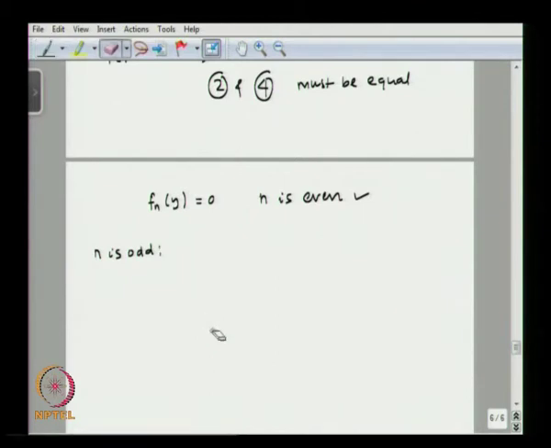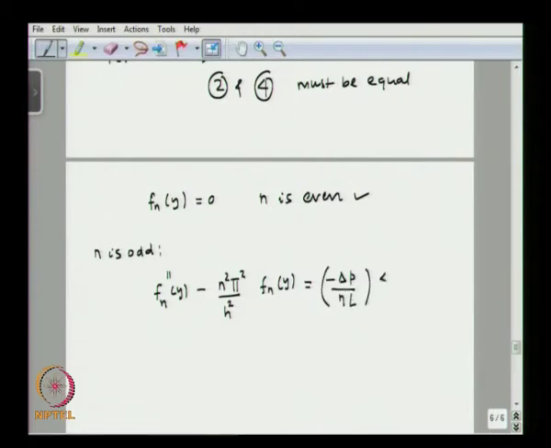then we can say that f_n double dash (y) minus n square pi square over h square f_n(y) will be equal to minus delta p over eta L into 4 by pi into 1 over n. Okay.